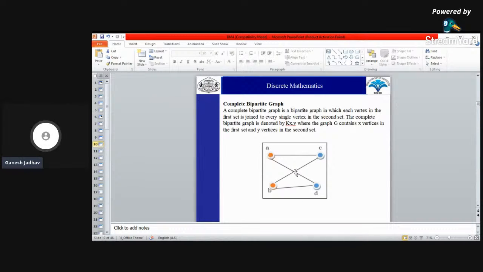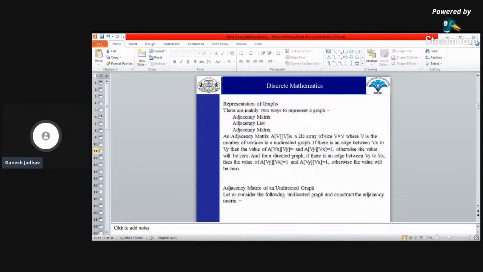A is connected with all vertices of the other set. B is also connected with all vertices of the other set. C is connected with all vertices of the other set, that is set 1, and D is also connected with the other set. So this is the complete bipartite graph. Get it now?